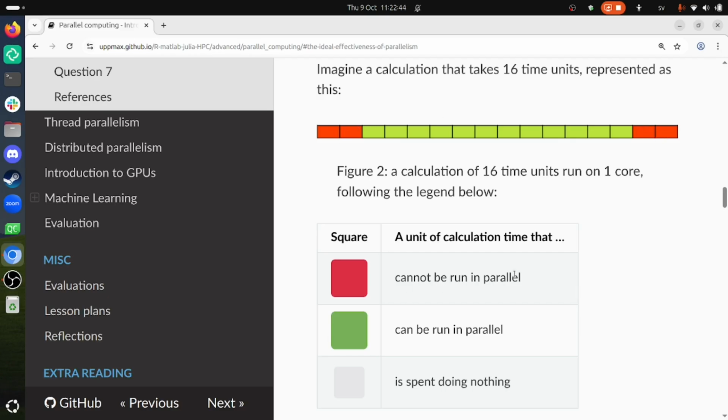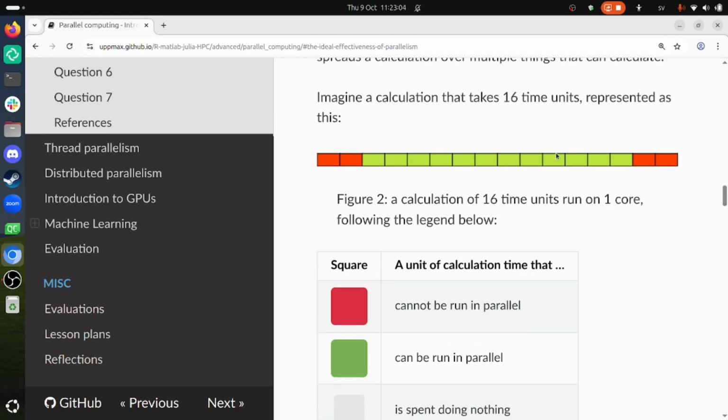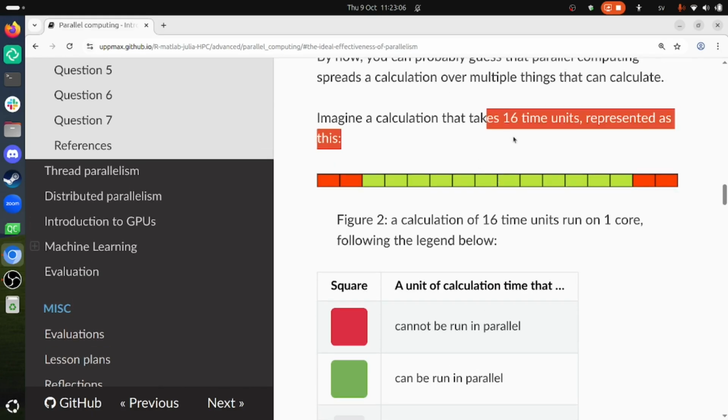You can imagine loading a file and saving a file, making a plot. Sometimes you really need to do one thing, and you can't spread it out. All programs have this feature that some sections are parallel and some cannot be made parallel. Alright, with this calculation it takes 16 time units.